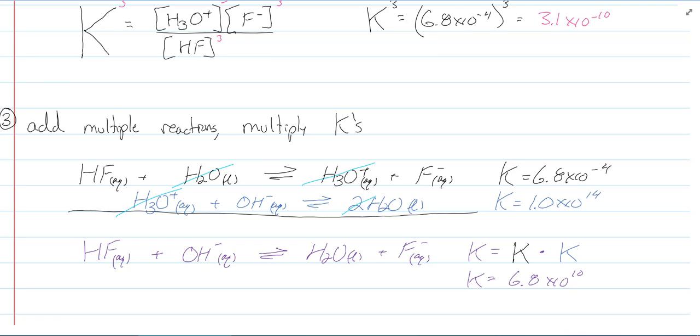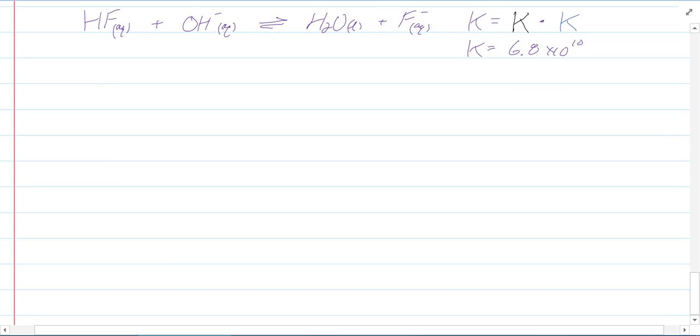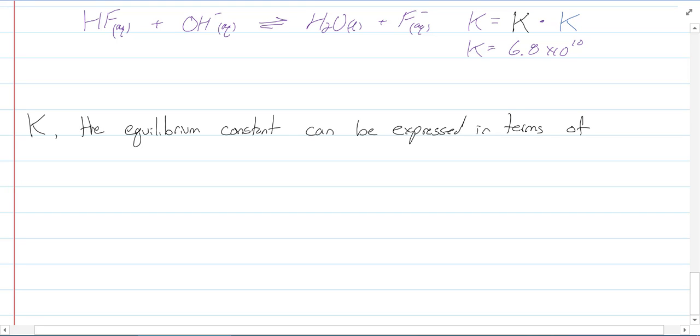So those are the three ways to manipulate K. There's one more thing we're going to talk about with K. And that is that K, the equilibrium constant, can be expressed in terms of molar concentration, which of course is molarity, or pressure.